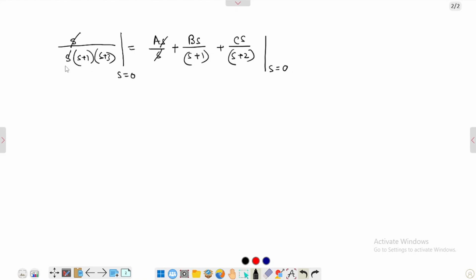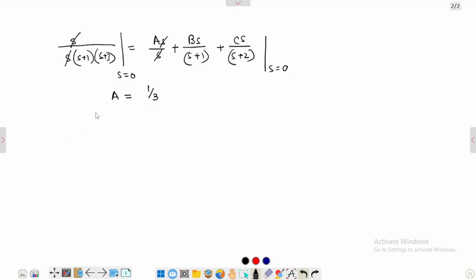Then the B and C terms go away, and only A remains, and A is very easily 1 by 2. You know how to do the partial fraction method, but I am doing it here so that it may be good for you to go through the method again.